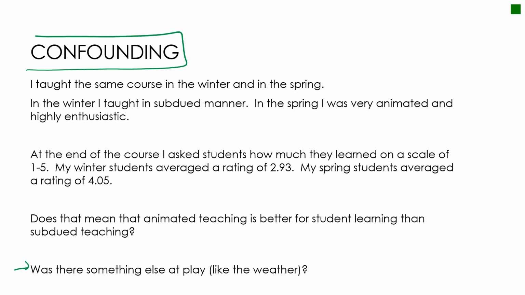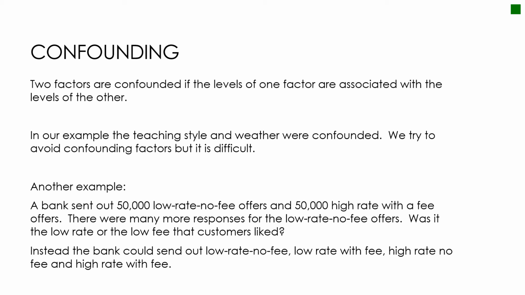That is what a confounding variable would be, like a lurking variable that we talked about before. Two factors are confounded if the levels of one factor are associated with the levels of another. In our example, teaching style and weather were confounded. The way that I taught changed based on the weather. Possibly my students' learning changed based on the weather as well.